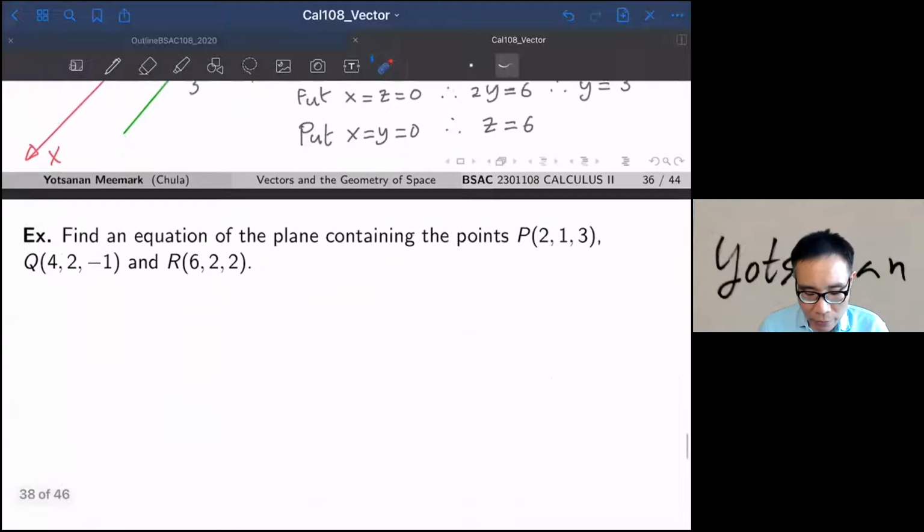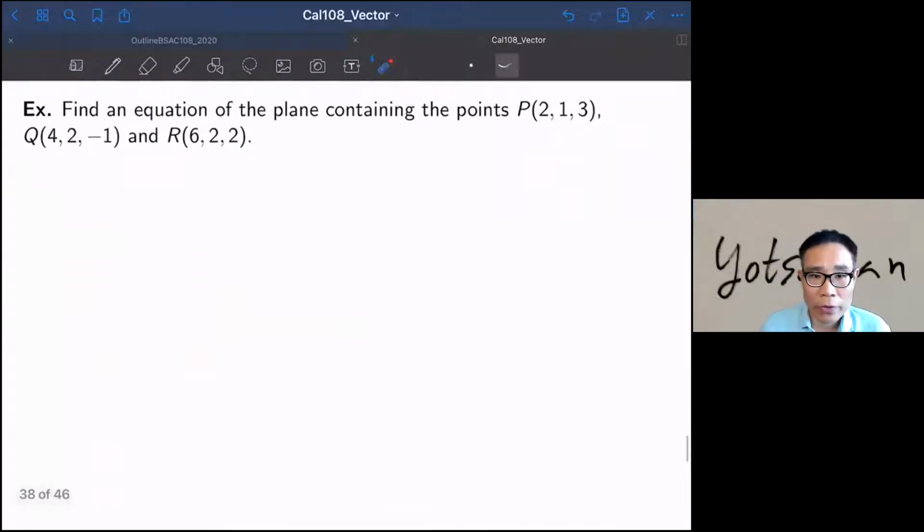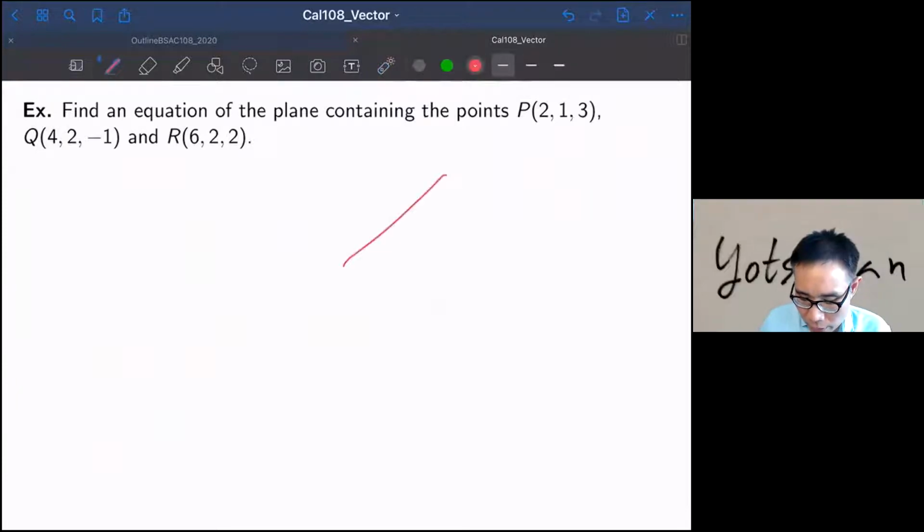The next example is where you are given 3 points. You'd like to find an equation of the plane that contains the points P(2,1,3), Q(4,2,-1), and R(6,2,2). I'm going to sketch the plane a little bit.